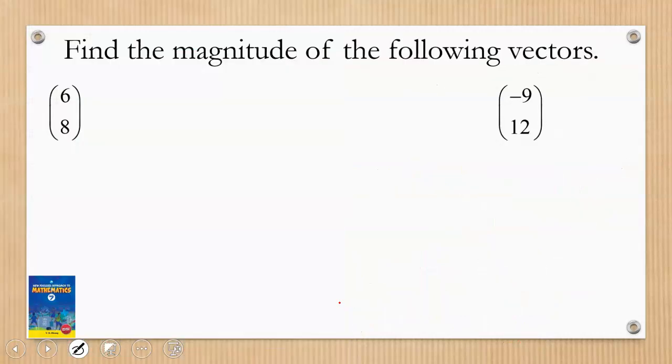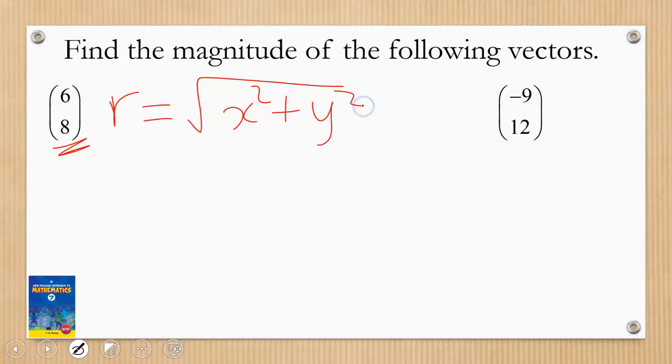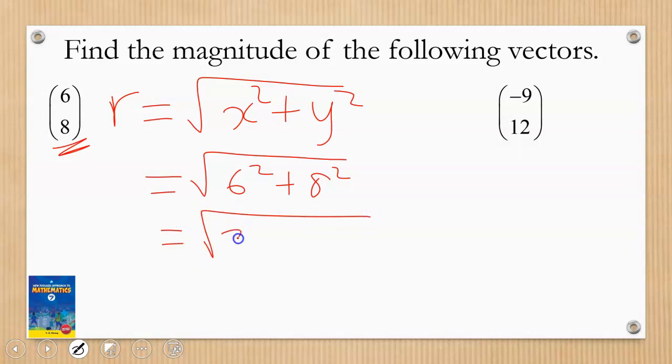Okay, now let's look at this example. Find the magnitude of the following vectors. The first vector is (6, 8). So for me to know the magnitude, which is, let's say, the r, it should be equal to the square root of the x component squared plus the y component squared. And so when I substitute the component of 6 in place of x and that of 8 in place of y, then I can write this as 36 plus 64.